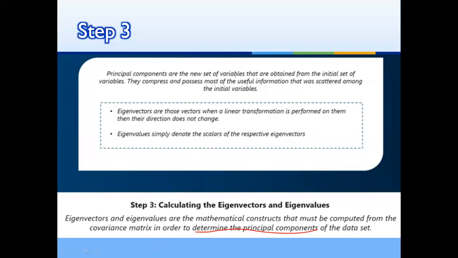Principal components are the new set of variables that are obtained from the initial set of variables, and they compress and possess most of the useful information that was scattered among the initial variables. So eigenvectors are those vectors whose direction does not change when a linear transformation is performed on them, and eigenvalues simply denote the scalars of these respective eigenvectors, right?